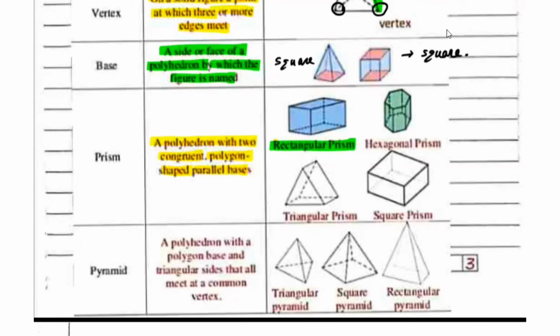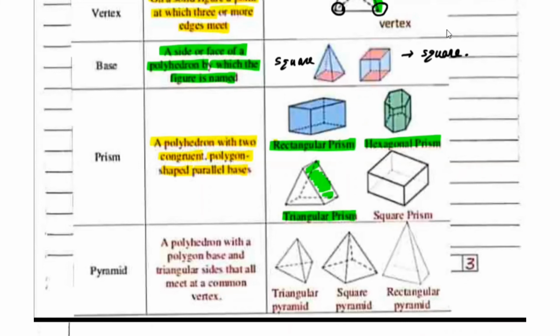Then we have a hexagonal prism where the top and the bottom, that is the bases, are in the shape of hexagons and the remaining faces are parallelograms, right? Then we have a triangular prism. What is a triangular prism? We have two triangles, top and bottom, and the rest are parallelograms, right?